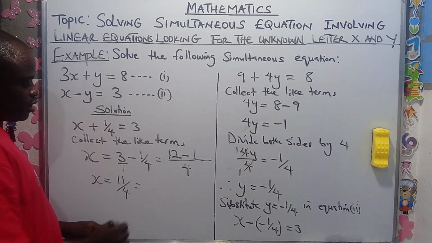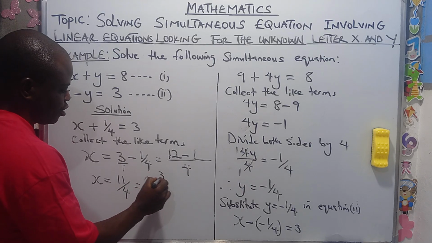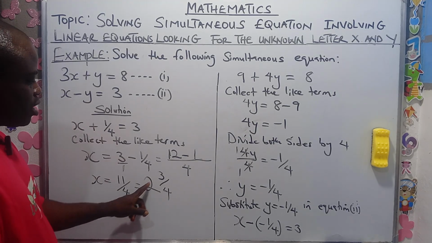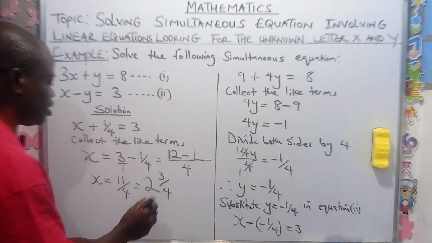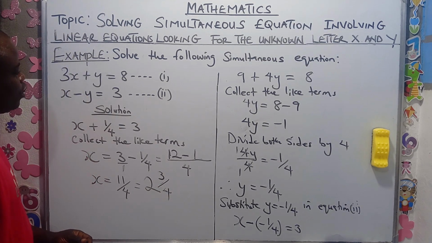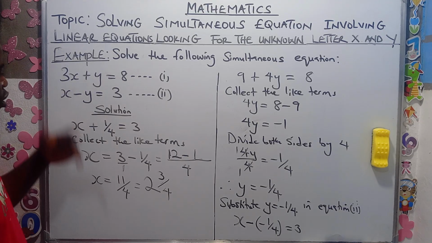How many times can 4 go in 11? That's 2 times, remainder 3 over 4. Let's see, 4 times 2 is 8, 8 plus 3 is 11. Now let's check to know if you are correct. But before then, let's use the elimination method.